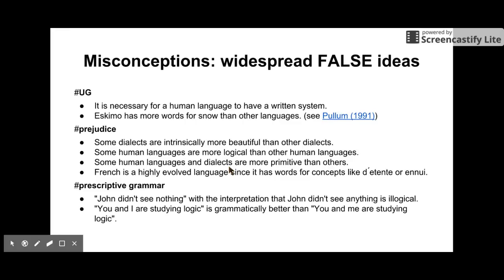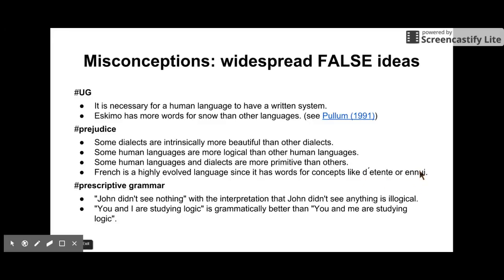Okay. Some languages and dialects are more primitive than others. This is false as well, for the same reason as the previous one. All human languages are equally complex. Okay, and this one, French is a highly evolved language since it has words for concepts like "I cannot read French."